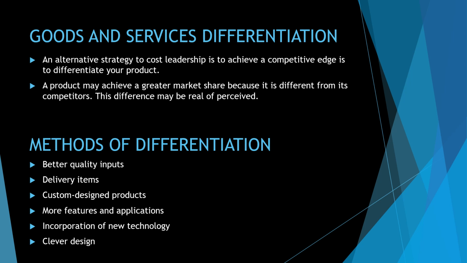You could have more features and applications, so your product does more than the competitors'. So you offer a smartphone and it has extra free applications or a couple of extra cameras, or, I don't know, it doesn't fall apart if you drop it. Or you could incorporate new technologies, which is similar to what I was just saying. You could innovate.